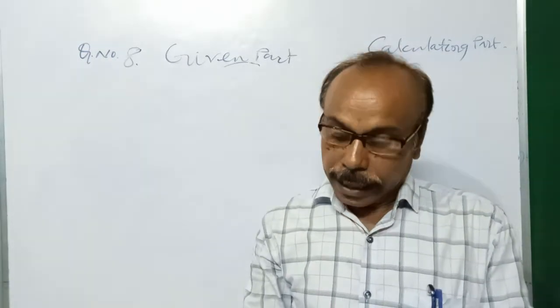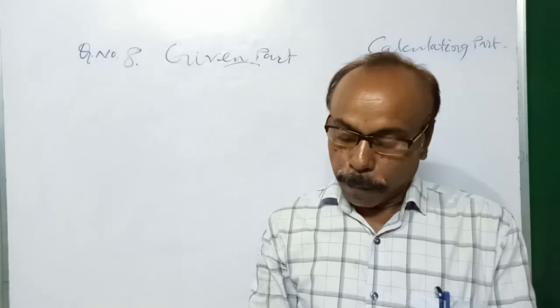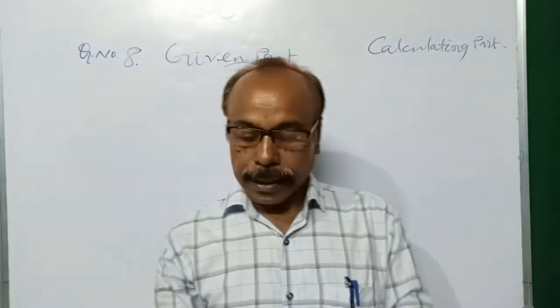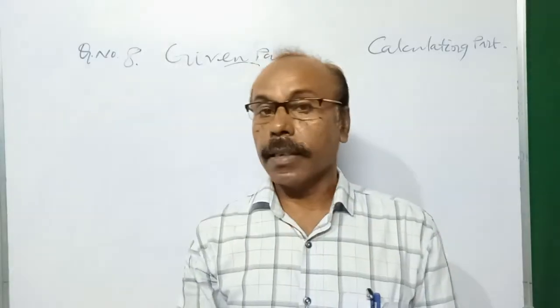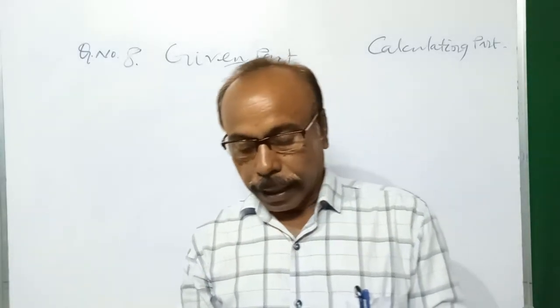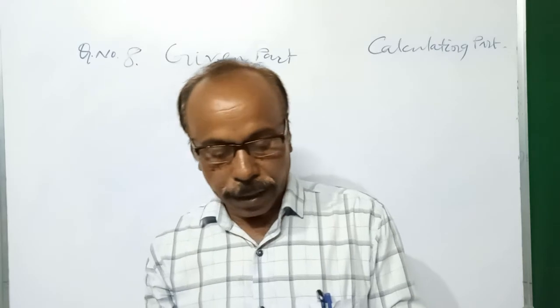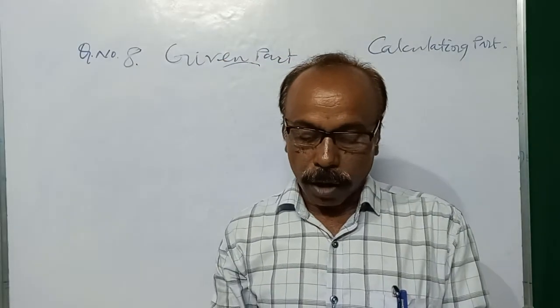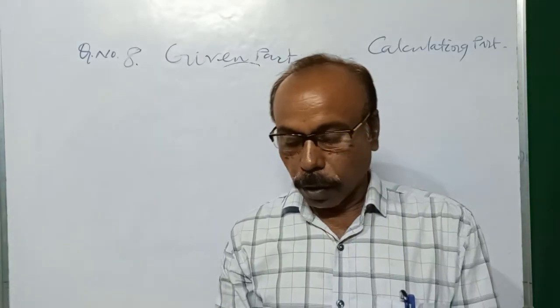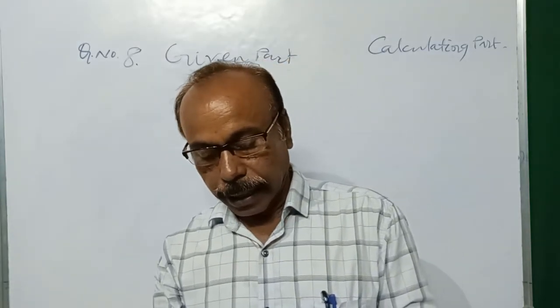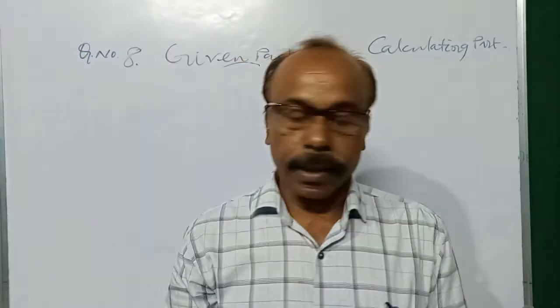Next, in a quiz competition, Robbie gave answers of 70% of the questions, meaning total questions. He failed to give answers of 6 questions. Find the total number of questions asked in the quiz competition.